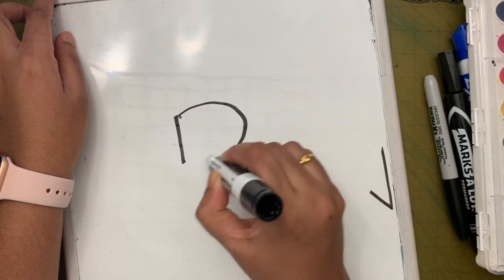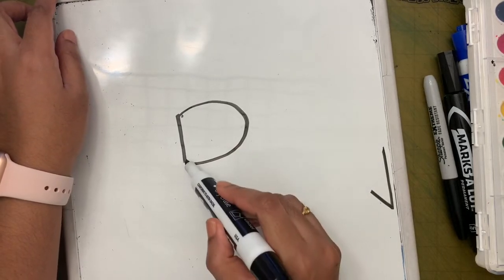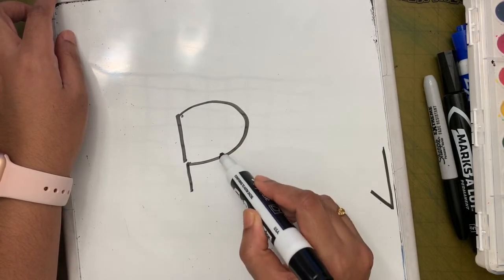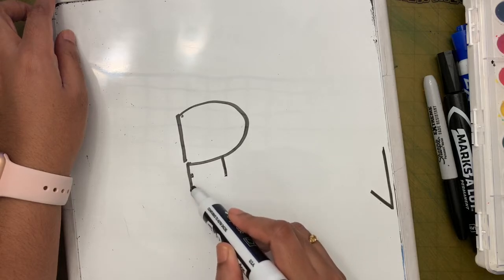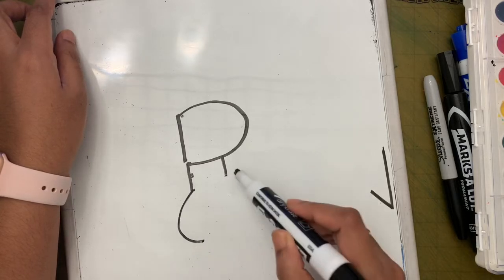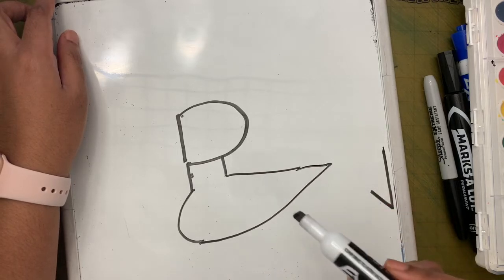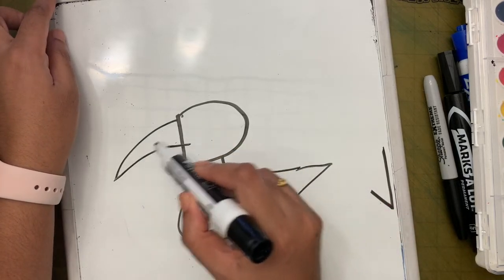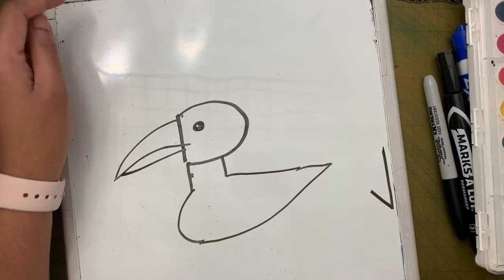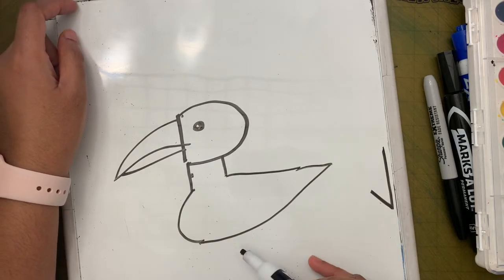A line this way, the neck, a C, then like that, then the beak. Okay, so another bird.